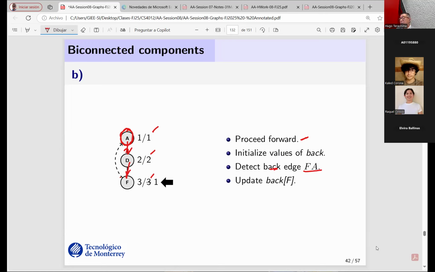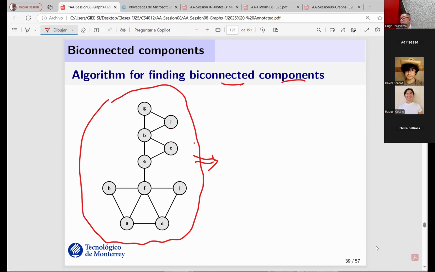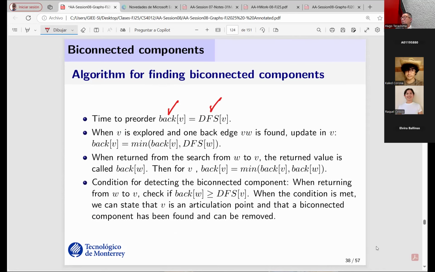And then let us see the conditions. There are several conditions. So this is back of B is the same as DFS of B. So it's when we set the value of back the same as DFS for each of the nodes. That's the first step. When B is explored and one back edge B-W is found, update back of B. B is found here, and you find a back edge, right? From B to W, right?